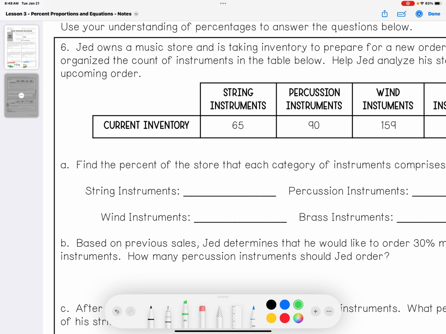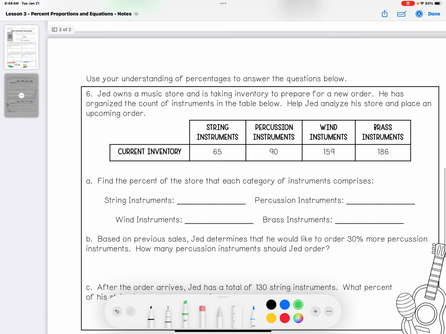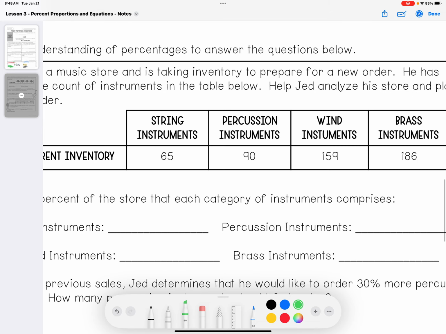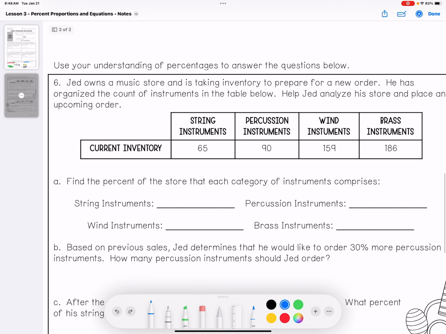Let's find the percent of each of the instruments. So first of all, we have the part, each one of them is the part. We have the percent because we're looking for it, so it's going to be X. So what are we missing? We're missing the whole.